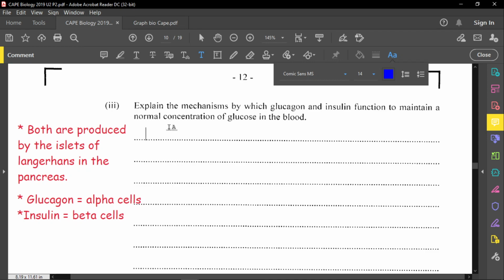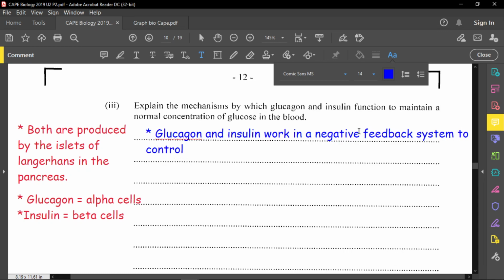So the first point I'm going to make is that glucagon and insulin work in a negative feedback system to control blood glucose, or glucose in the blood.